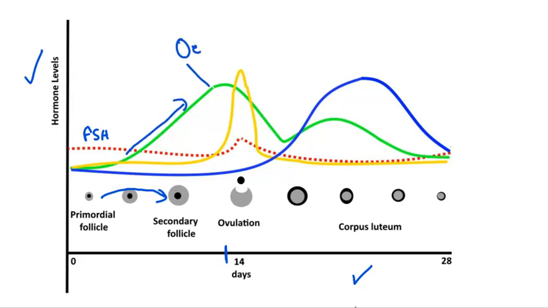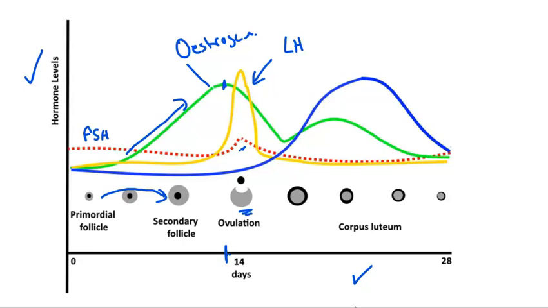So this is estrogen. And that peak of estrogen around the 12th, 13th day then brings about a surge in this hormone here, which is the luteinizing hormone, once more from the pituitary, and with a surge of FSH as well, brings about the release of the egg called ovulation.